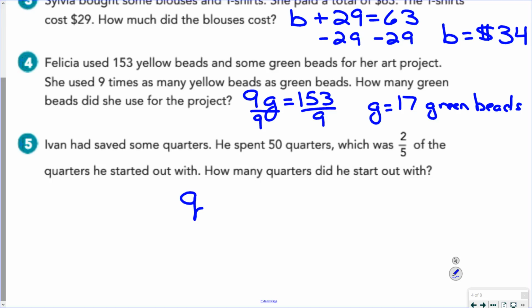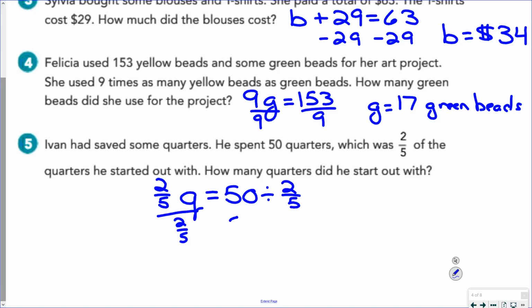Well, 2/5 of means we're going to multiply, and that 2/5 of Q is going to equal 50. To solve for Q, we can divide both sides by 2/5, or in some cases, many students would recognize that you end up multiplying by the reciprocal when we do this, so you could start by multiplying by the reciprocal if you so choose.